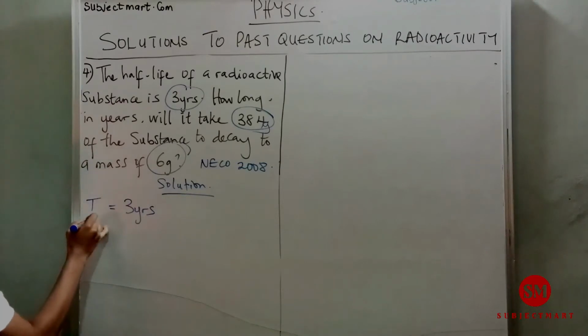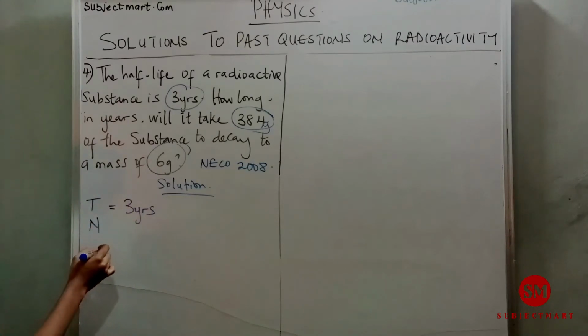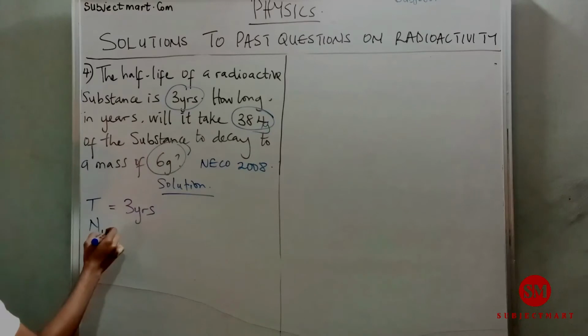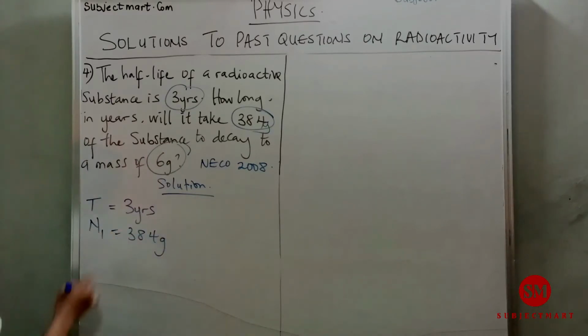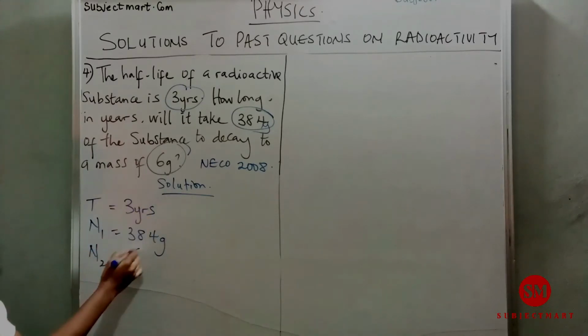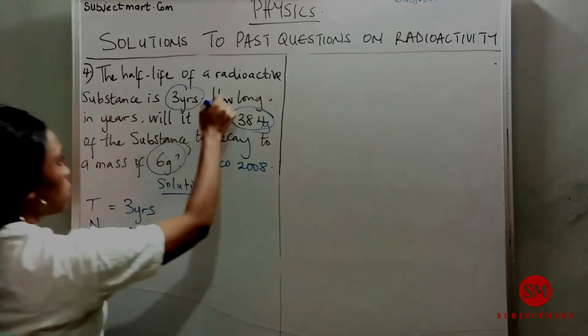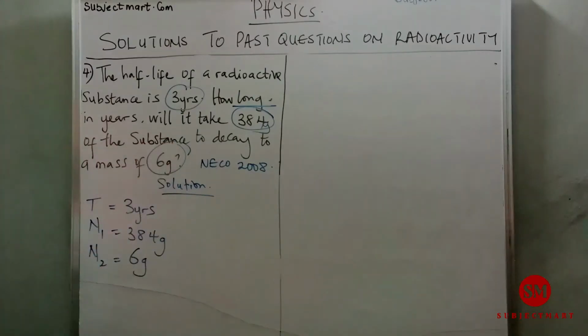So we have the initial mass of the substance to be 384 grams, and we have N2 to be 6 grams. So we are asked to find how many years it will take the substance.